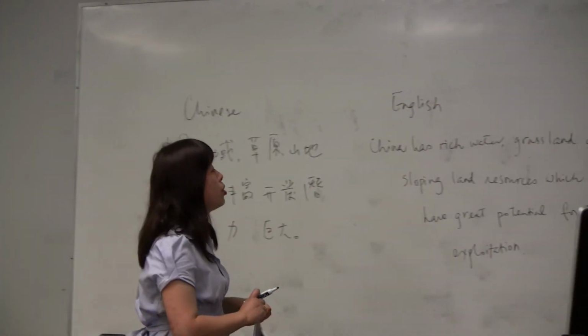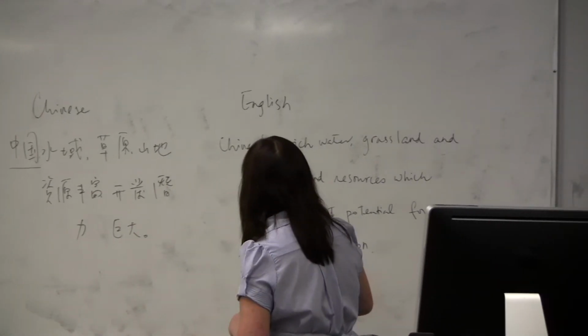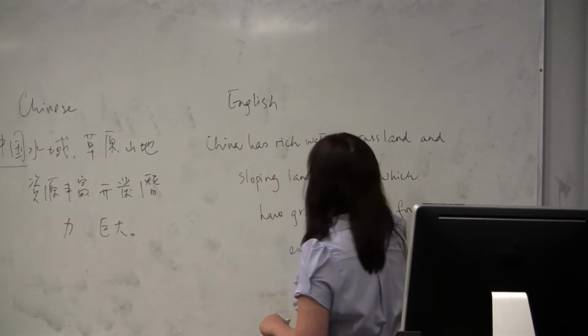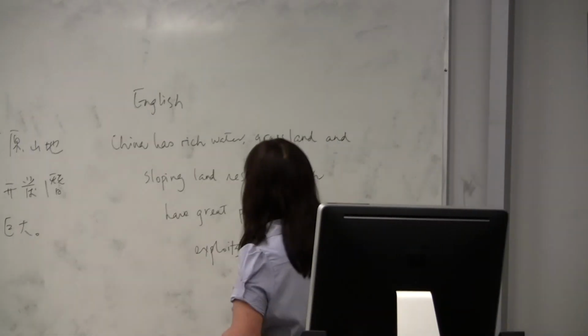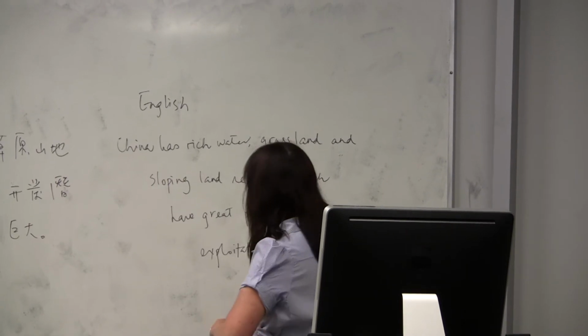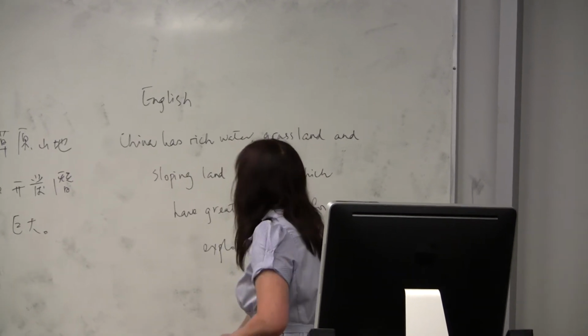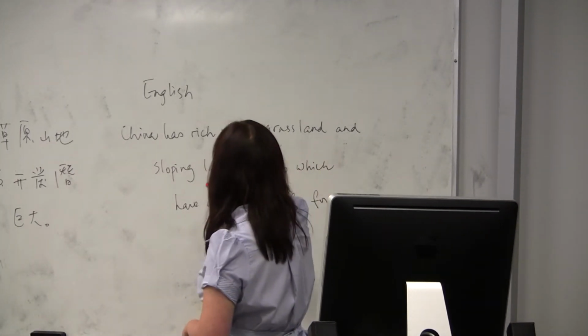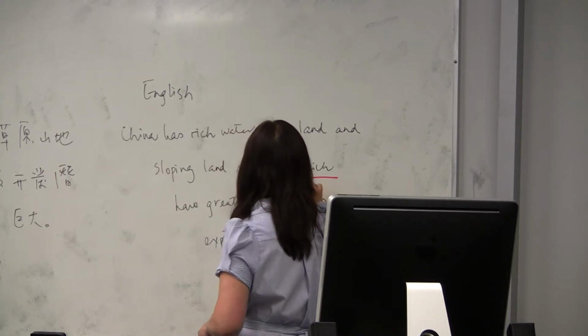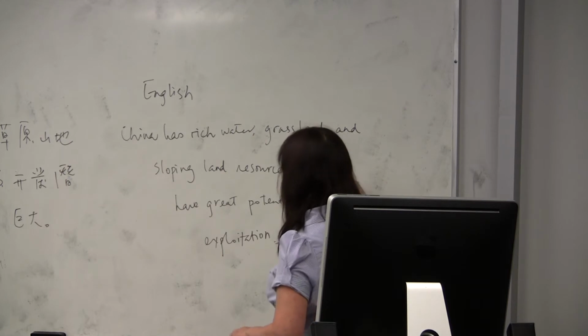And then for English, sometimes it's hard for them. So this is a translation, but I don't think it's a perfect one, but nevertheless, let's not comment on the translation at this point. You see, Chinese has rich water, grassland, and sloping land resources. So they need to add some linking words like which have great potential for exploitation.